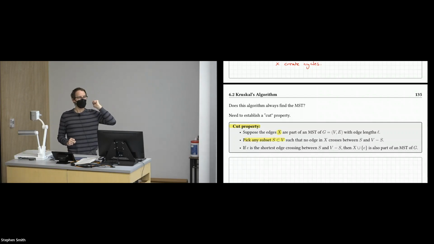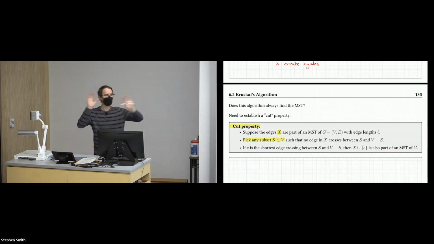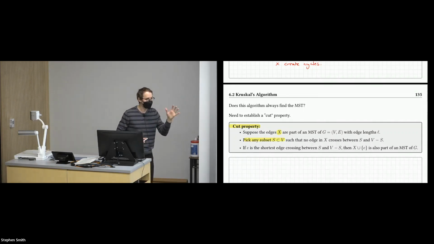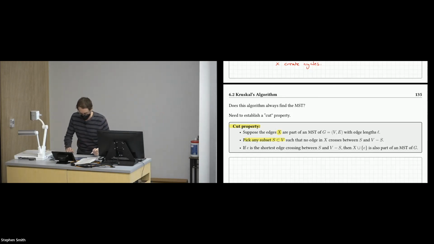Then if I add the shortest edge that crosses between S and the rest of the graph to X, that must also be part of a minimum spanning tree. So if E is the shortest edge crossing between S and the rest of the graph, then X union E, adding that edge E to my set X, is also part of a minimum spanning tree.